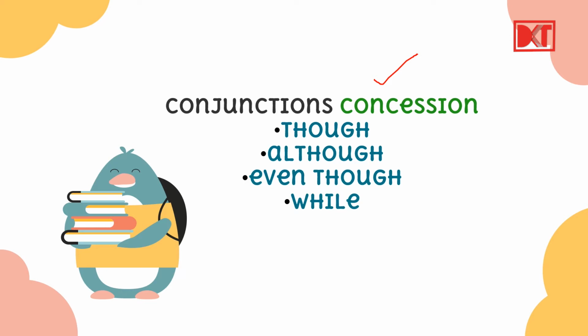Alright, so you can understand, as per when a question is given to you, you can try to relate and understand that here concessioning is happening, or here a reason is provided, or here we're talking about time. So that way you can figure out which conjunctions to use. Alright, so these were the conjunctions for concession. Next.